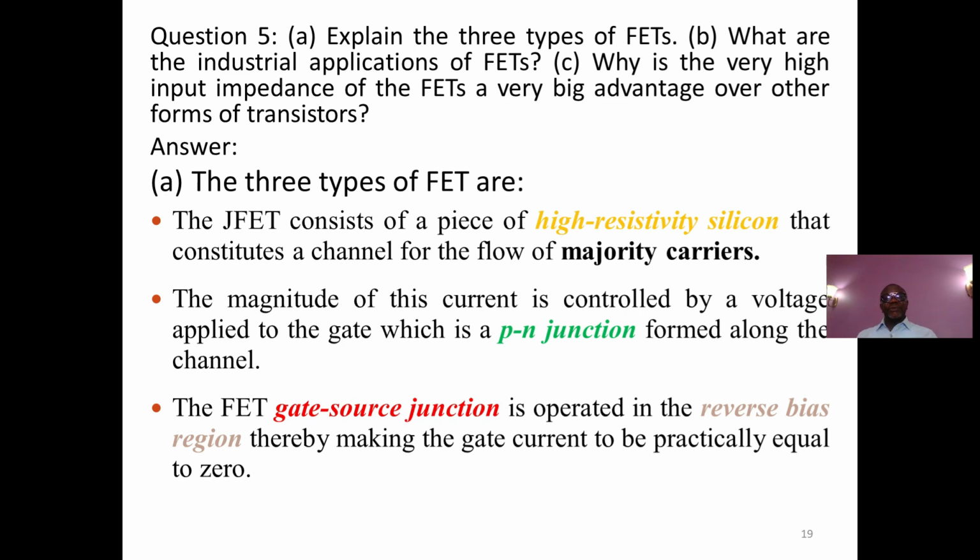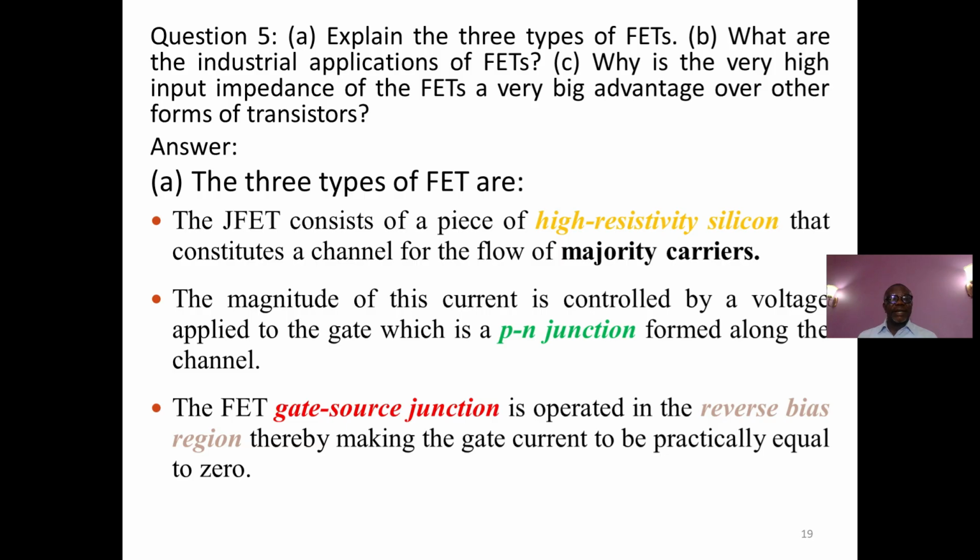Then the next question says, explain the three types of field effect transistors, FETs. What are their industrial applications, and why is it that their very high input impedance is a very big advantage over other forms of transistors?